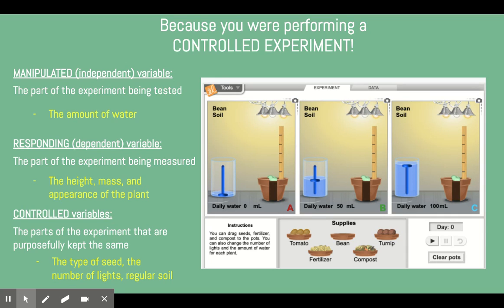Well, we wouldn't know if it was the compost that was causing the change or if it was the amount of water that was causing the change. So what's important is that for an experiment, you change one thing, just the manipulated variable, just like we did in this experiment. We only changed the amount of water that we added to each pot.